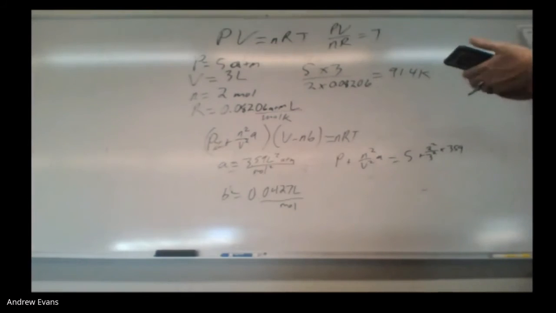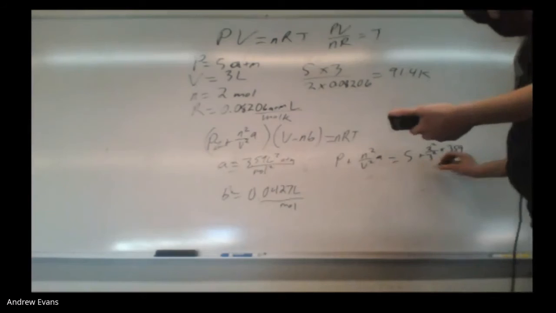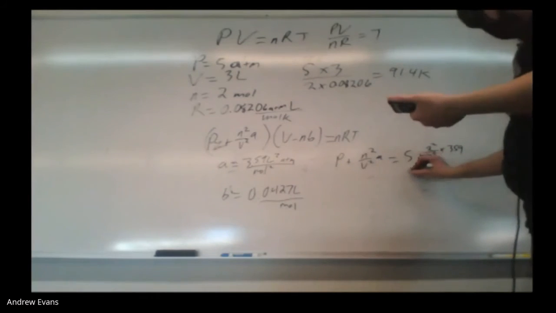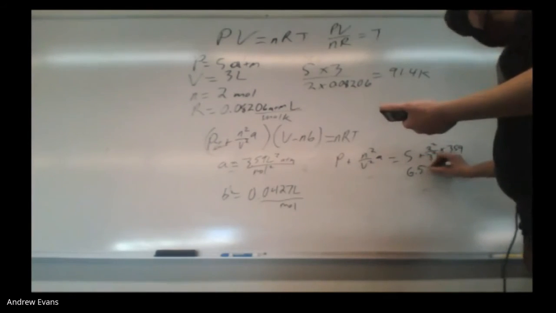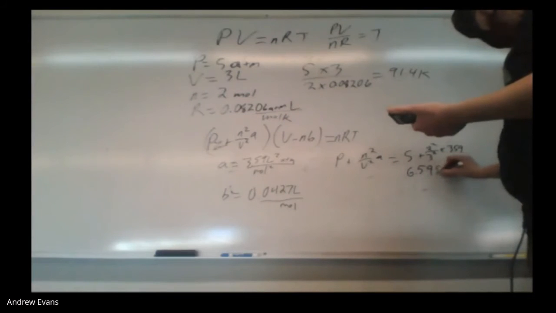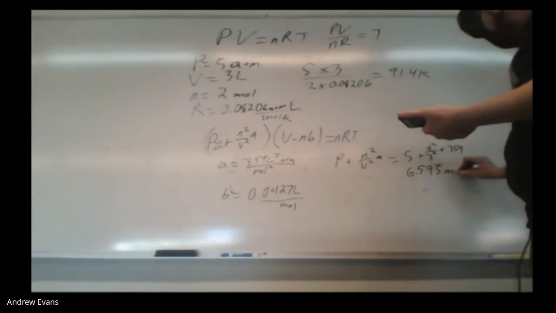So our van der Waals pressure is actually, instead of 5, 6.595 repeating atm.